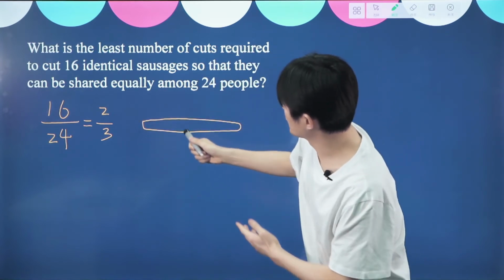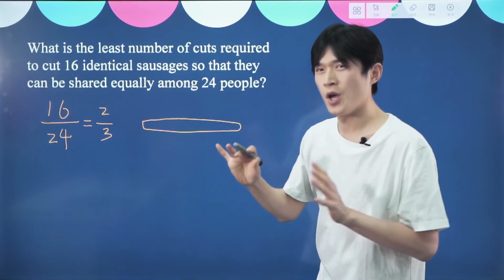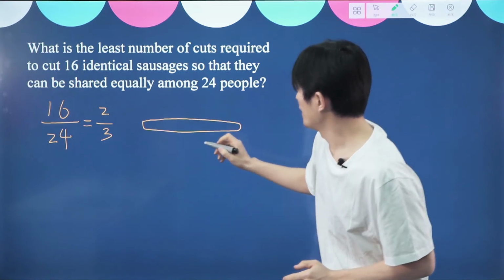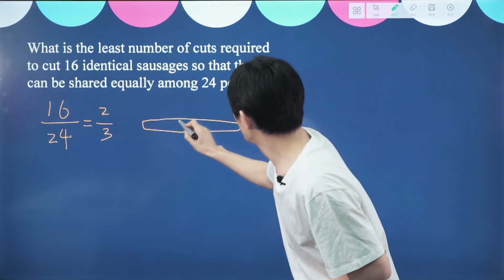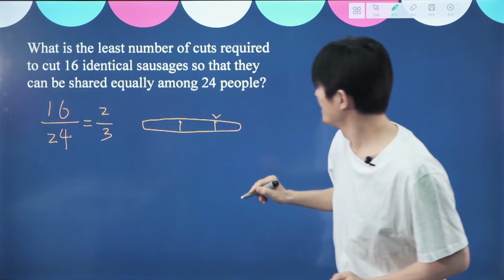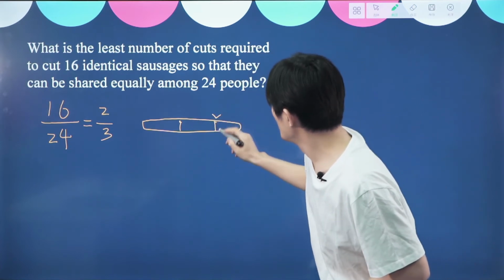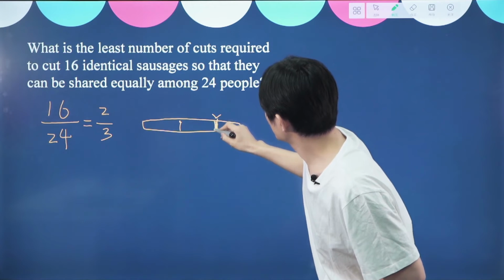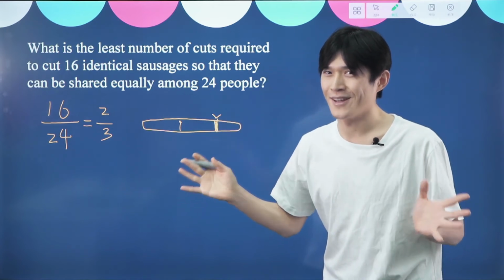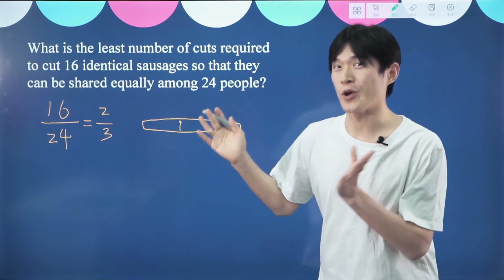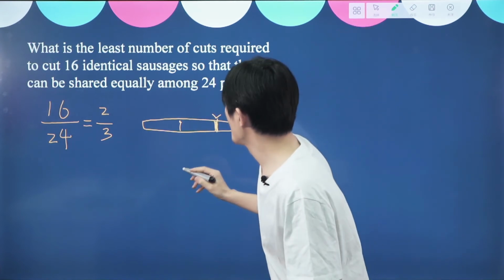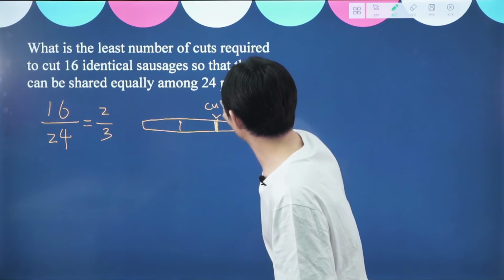And we split it into 3 parts because we need to cut it at the 2/3 mark. Here we go. 1, 2. Let's cut it here, at the 2/3 mark. And then, because we have 16 sausages, we have 16 pieces of 2/3 of sausages after the cut.